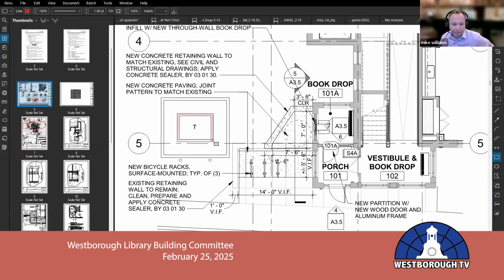And then you can just see the outline of the existing retaining wall adjacent, just off the side of that transformer area. So those are the conditions that are constraining our book drop construction area. So we're outside of it. The contractor should properly coordinate the timing of the construction of the transformer and the pads so that the work doesn't conflict with the timing of the book drop scope.